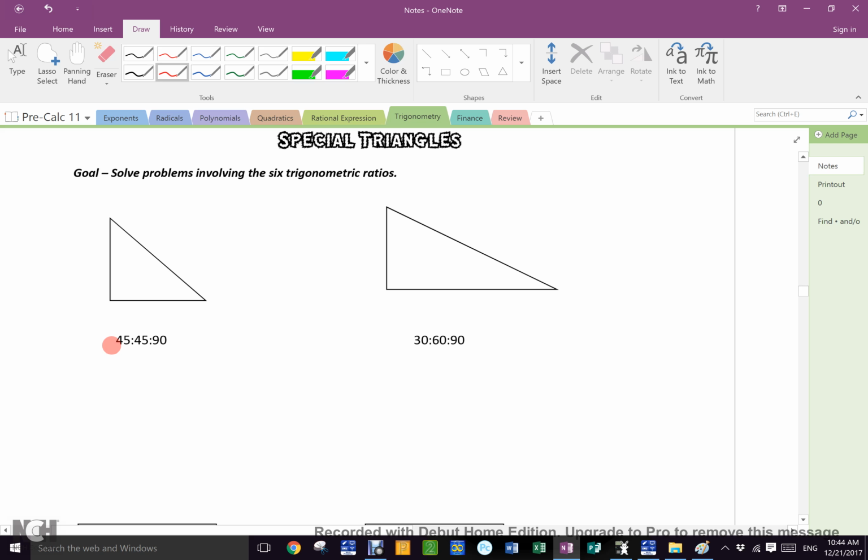So, before we go any further, with your calculator, tell me the sine of 45, the cos of 45, and the tan of 45. Remember, sine is O over H, cos is A over H, and tan is O over A. What do you get for those values?